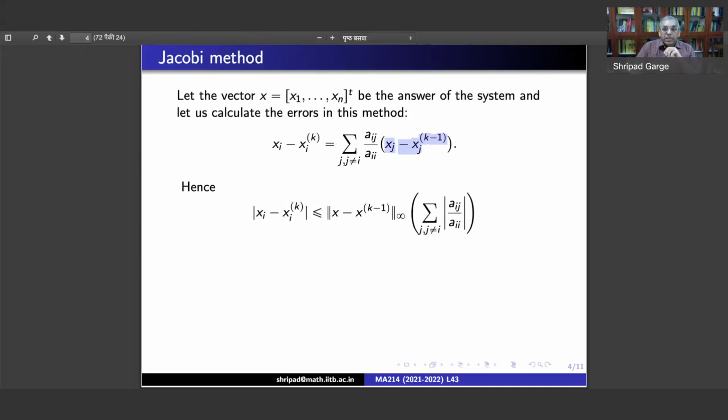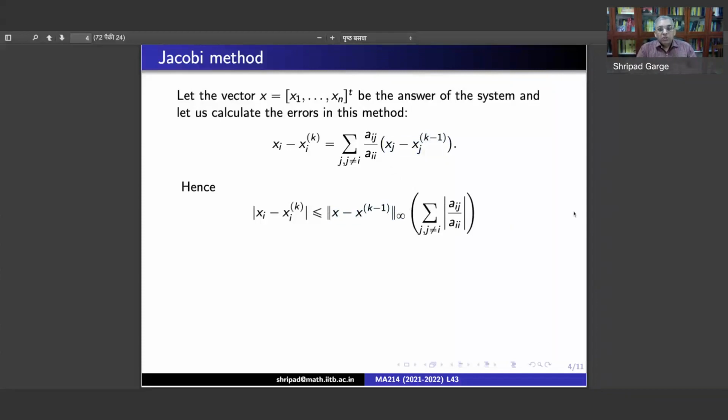And if you look at the maximum among all these as j goes from 1 to n, that is the L infinity norm. So this whole thing is going to be less than or equal to, where we replace this bracket under modulus sign by the L infinity norm by taking the maximal one. And this a_ij upon a_ii comes out.